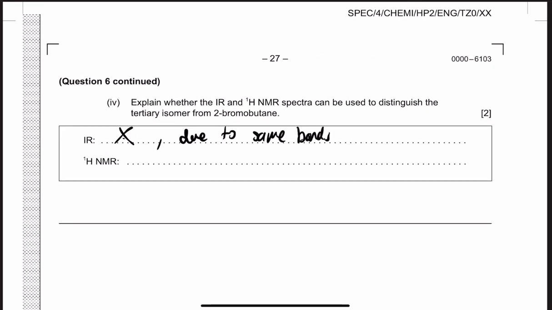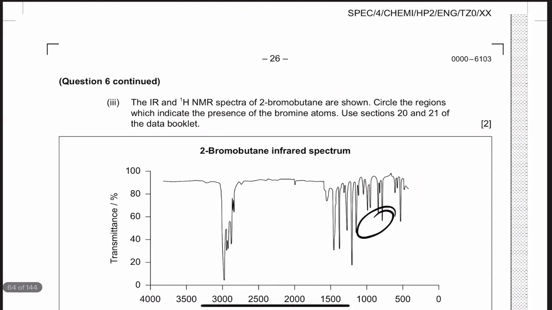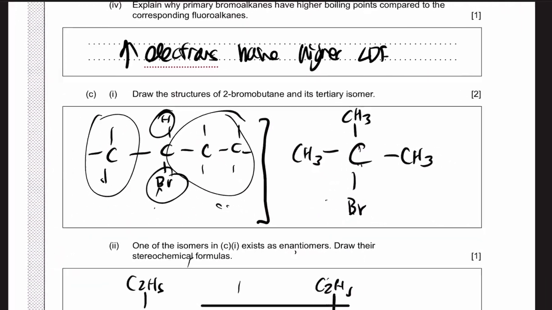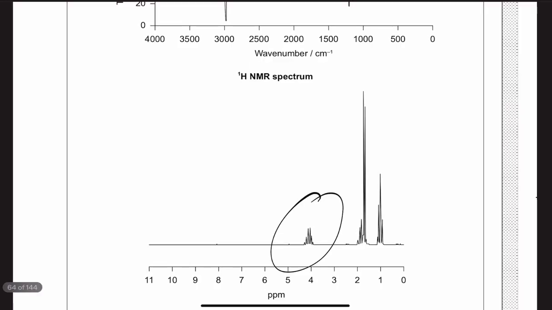Okay, HNMR. Can HNMR be used? Yes, because unlike 2-bromobutane, because of the way it's structured, this one will literally just give one signal.